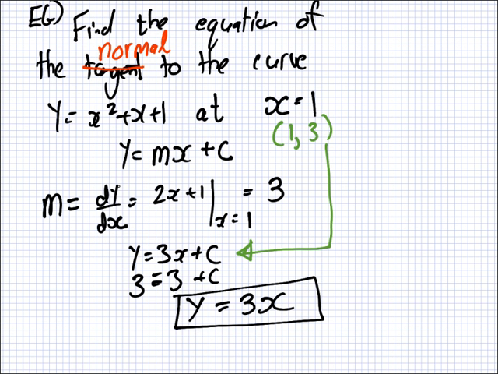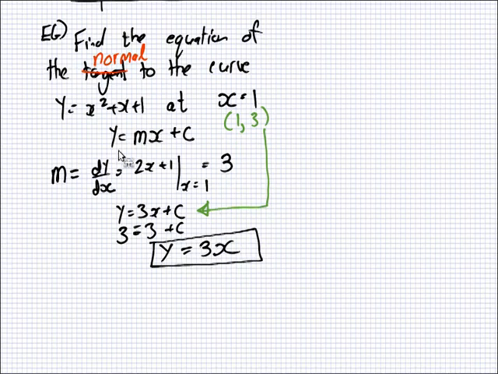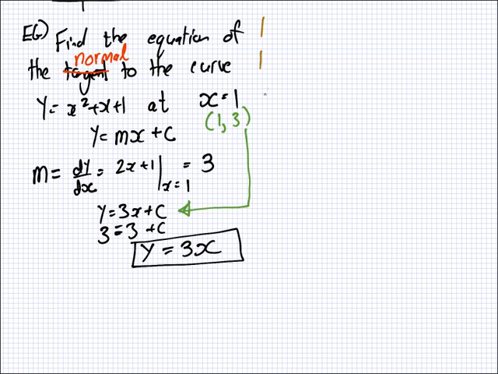M1, M2. It's the same question. Yes. I'm just changing the word tangent to normal. Just give you one more minute and then we'll have a look at the answer.